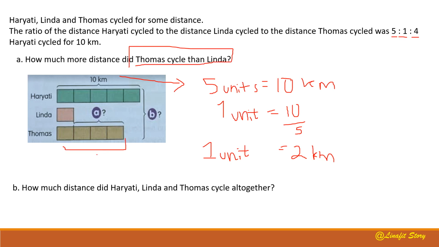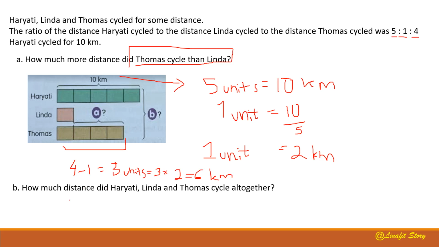Thomas equals 4 units while Linda equals 1 unit. So the answer equals 3. So if 1 unit equals 2 km, how about 3 units? So 3 units equals 3 times 2 equals 6 km. Yeah, so Thomas cycled 6 km more than Linda.